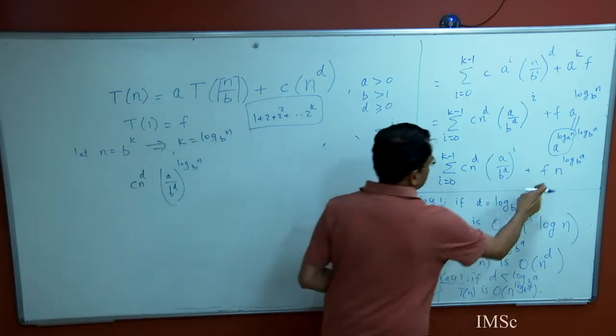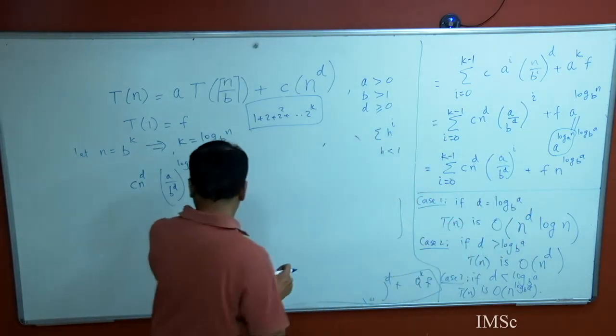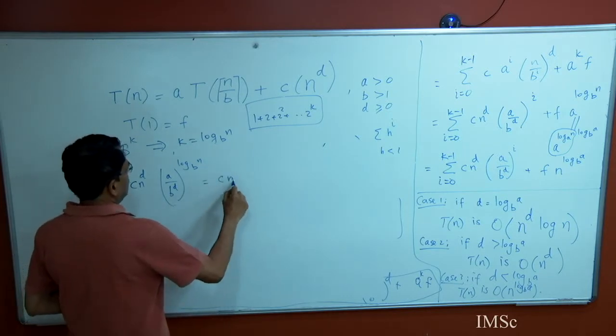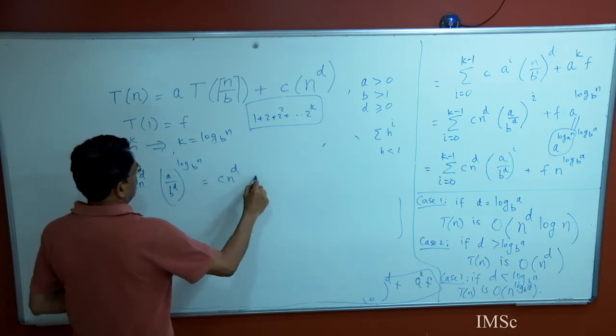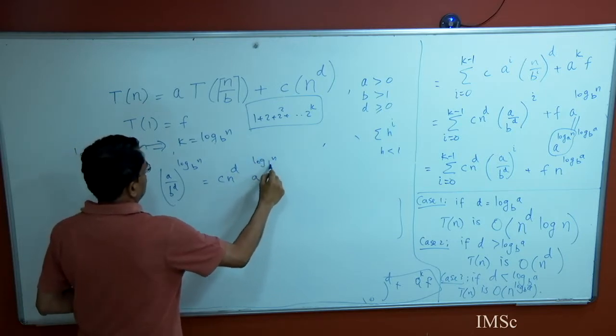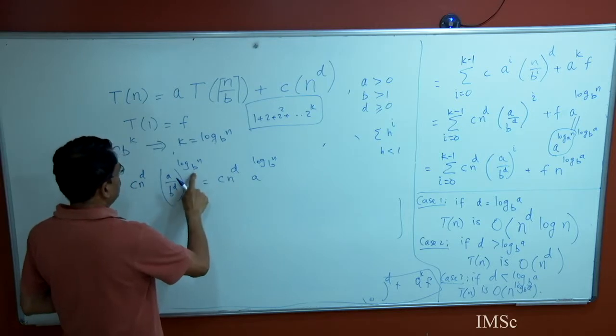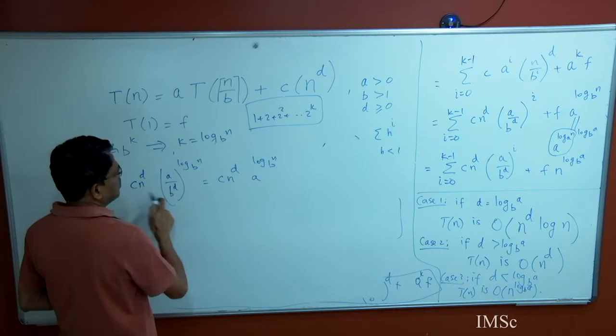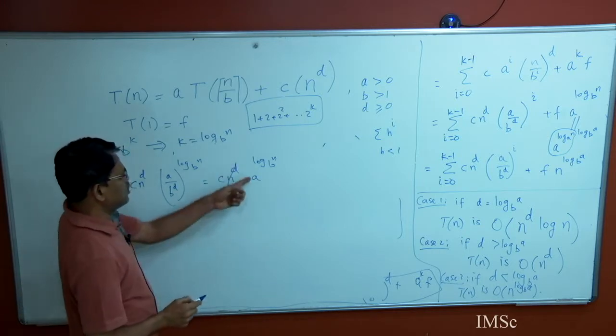Which is exactly what I've written down here anyway. So this would be c n power d a times log n to the base b. b times log n to the base b would be n. That n power d and this n power d will cancel, and that's what you will have.